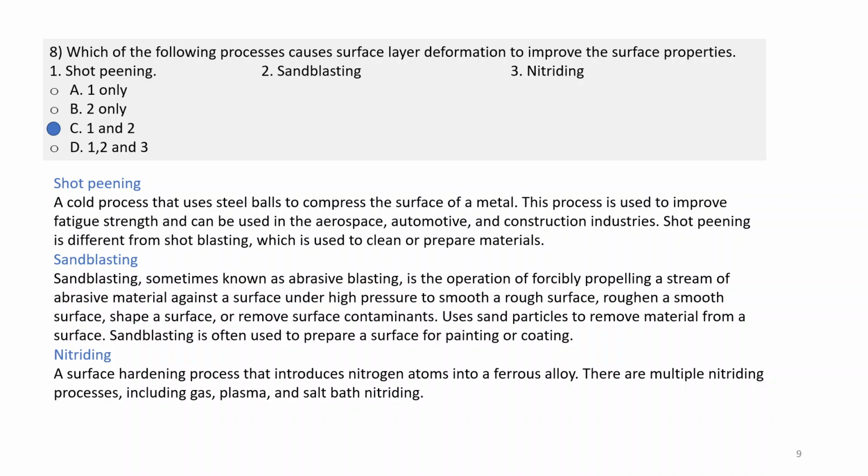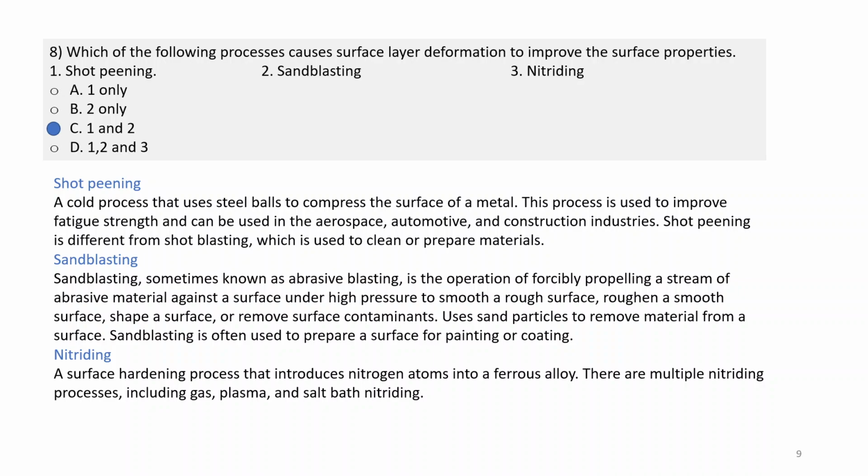In case of sandblasting, it's sometimes known as abrasive blasting, and it is the operation of forcibly propelling a stream of abrasive material against a surface under high pressure to smooth a rough surface, roughen a smooth surface, shape a surface or remove surface contaminants.